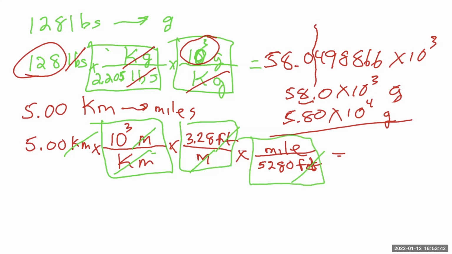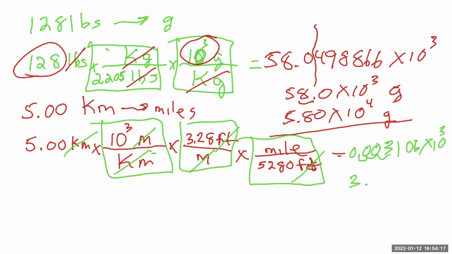Then you do the math. You multiply by the top, divide by the bottom. So we end up with 5 times 3.28 divided by 5,280 equals 0.003106 times 10 to the 3rd. So move this decimal point over 1, 2, 3 places.